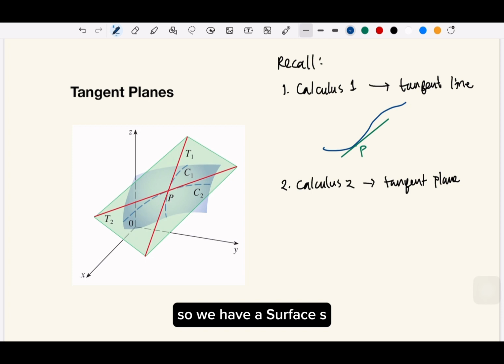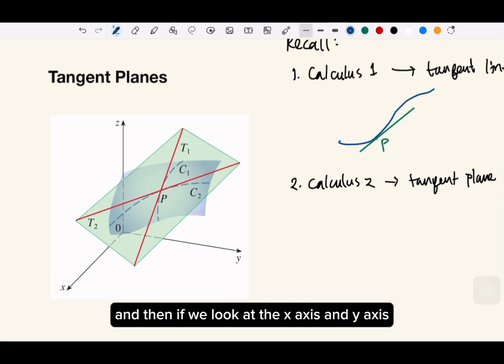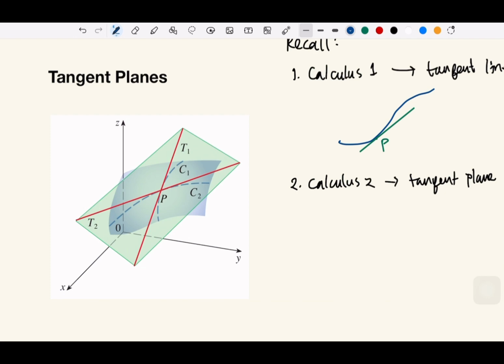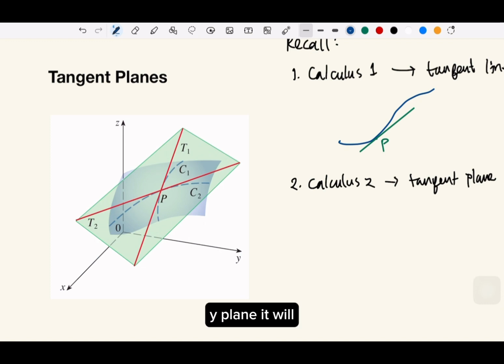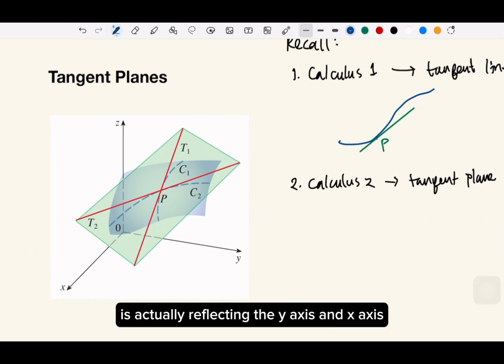So we have a surface S, and then if we look at the x-axis and y-axis, I think in the previous part we know that when we put in this point, this point can relate to the xy plane. You can see that these lines, the red lines, are actually reflecting the y-axis and x-axis. Okay. So this T1 is reflecting to the x, and the T2 is reflecting to the y.